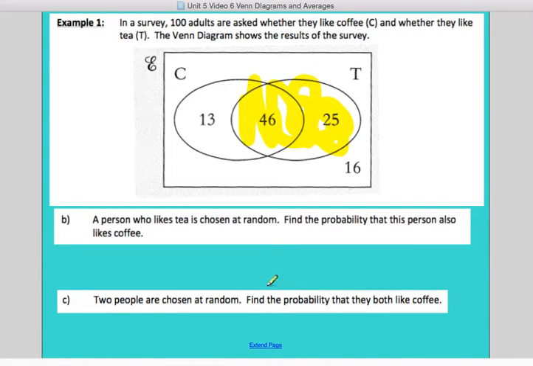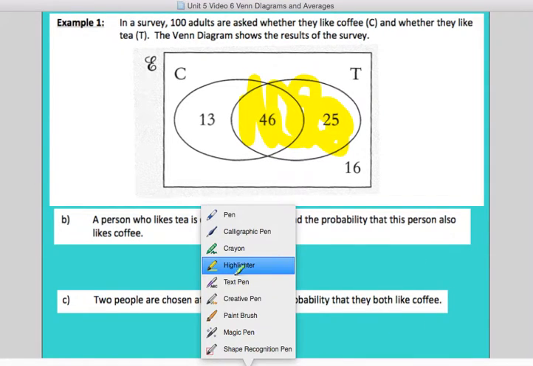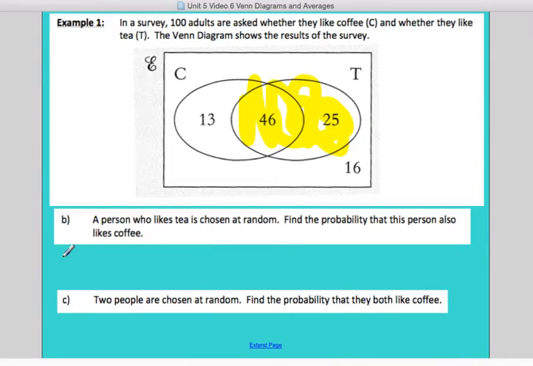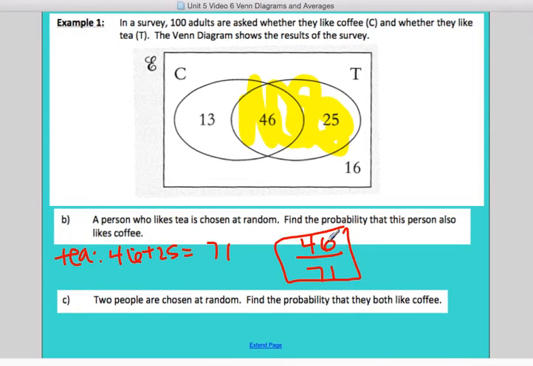Our people that like tea are 46 plus 25, which tells me that there's a total of 71. Okay, so we're choosing from this group. Find the probability that they also like coffee. So this is the people that like both coffee and tea. So it's a 46 out of 71 probability.